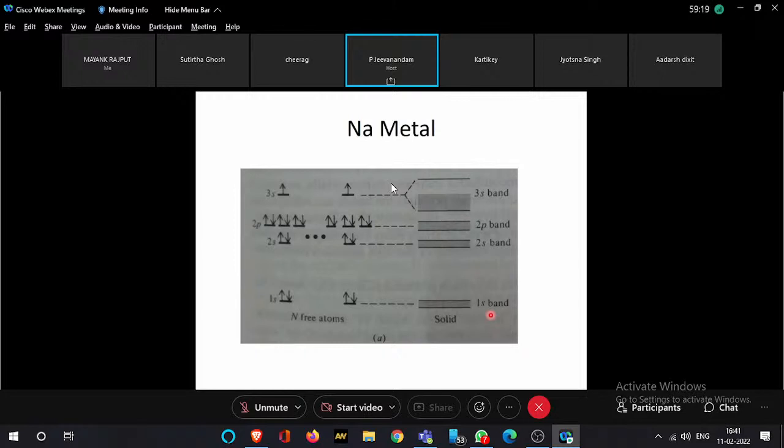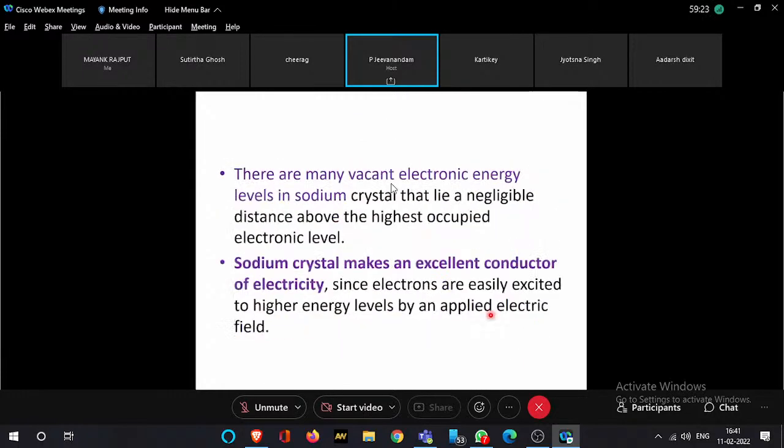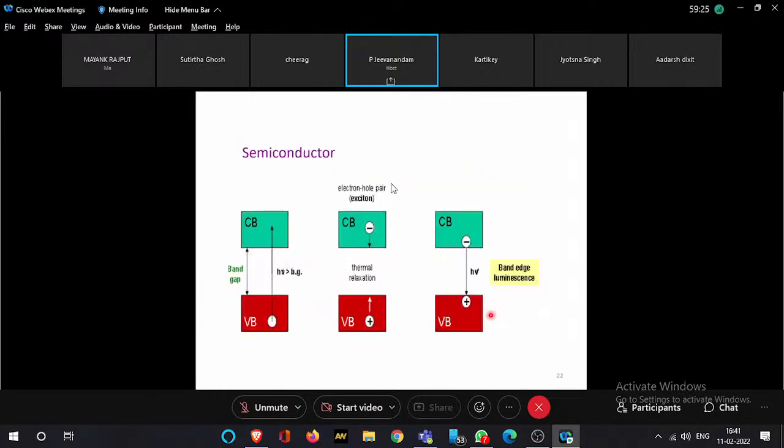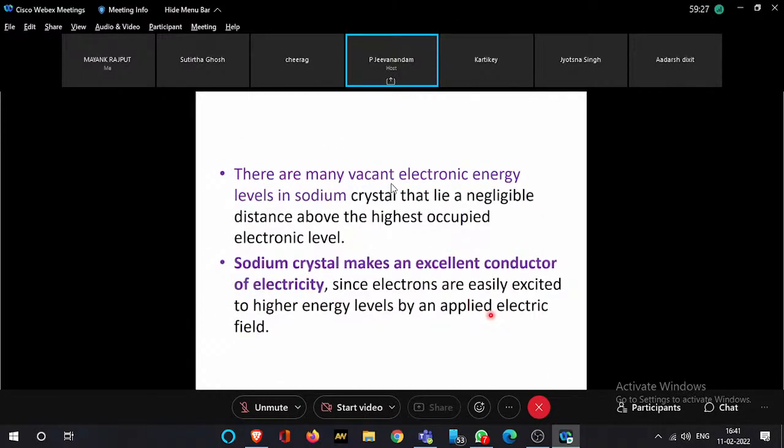Of course, it is so closely spaced, but can I see it experimentally? The answer is, you need a very, very highly sensitive technique to look at that kind of delta E values. Experimentally it is very difficult to distinguish because it is a band.